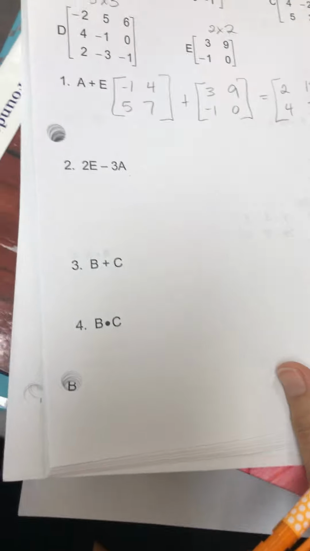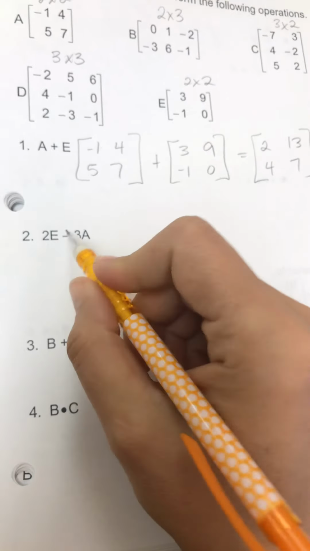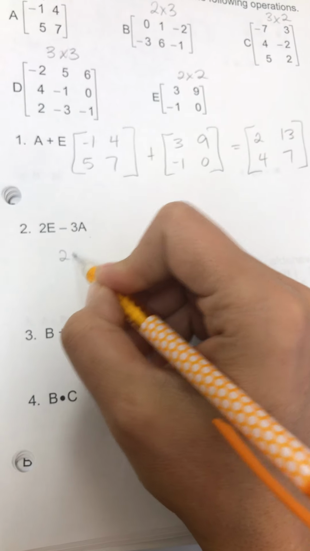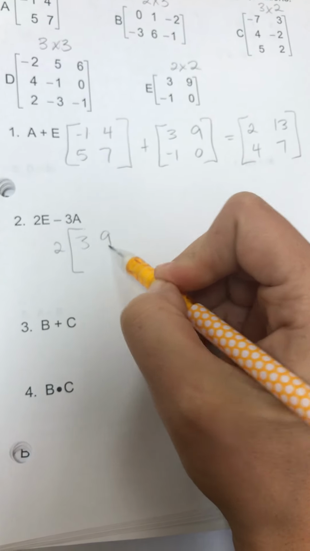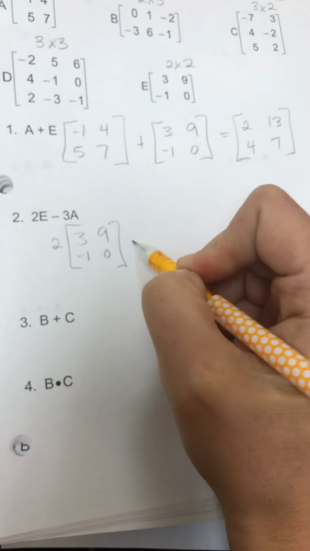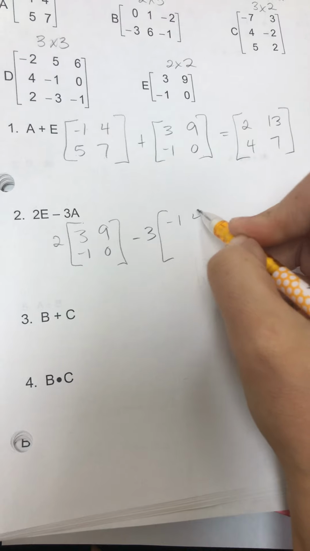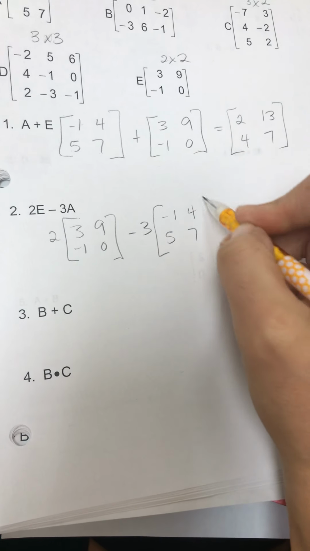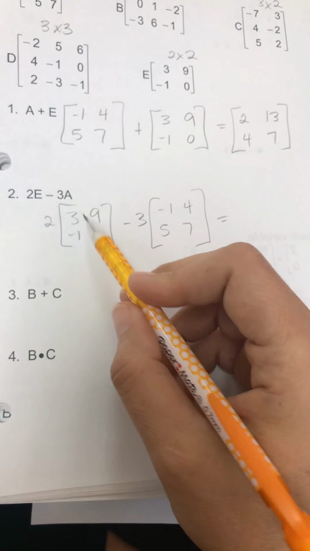Now let's do number 2. You're going to have 2 times E, and E was [3, 9, -1, 0], minus 3 times A, which was [-1, 4, 5, 7]. Now you're going to multiply the scalar by the matrix.